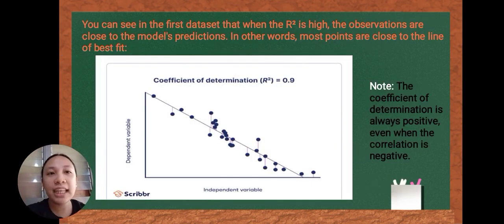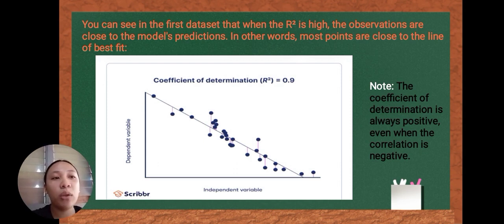You can see in the first data set that when the R-squared is high, the observations are close to the model's predictions. In other words, most points are close to the line of best fit. Note, the coefficient of determination is always positive, even when the correlation is negative.